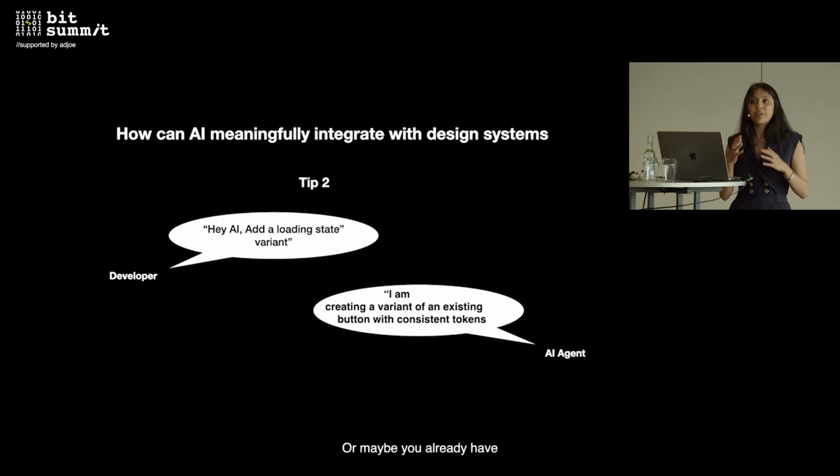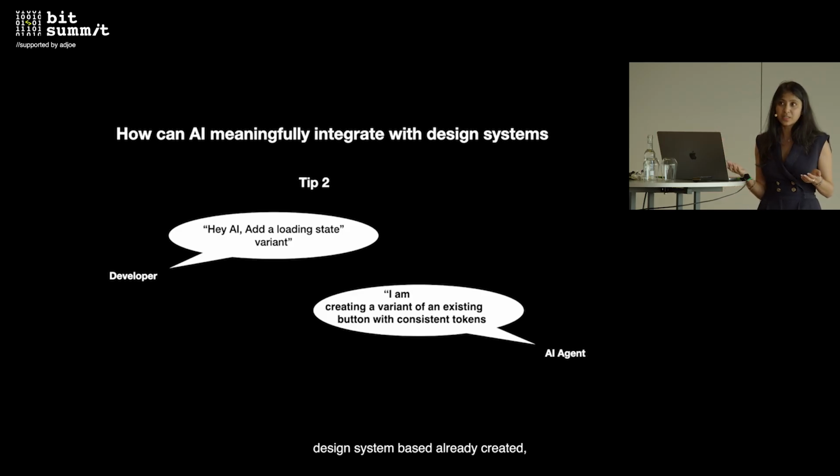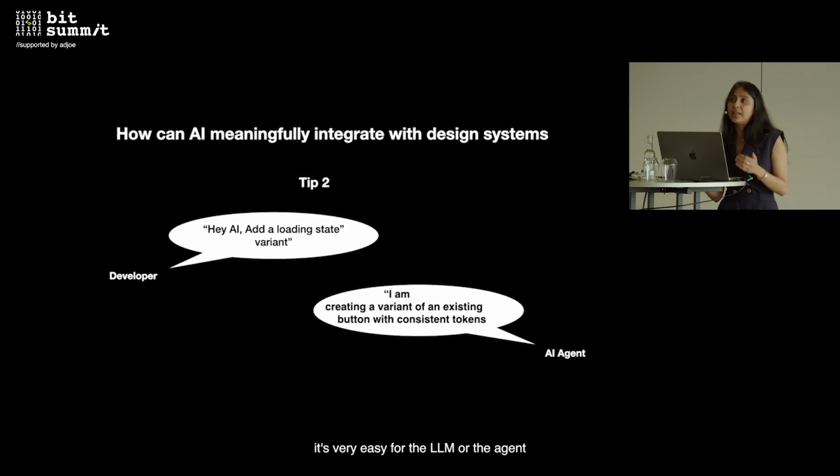Or maybe you already have a primary or a secondary or a danger variant in place, and you want it to create a loading state variant. Since you already have the expert design system base created, it's very easy for the LLM or the agent to follow those rules and just do the work for you. And it will, of course, save us a lot of time by updating the documentation and test cases.